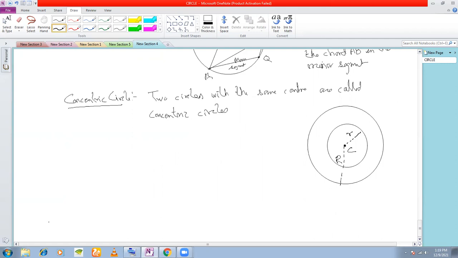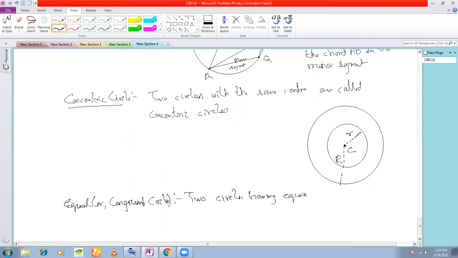Con in English means same. So same center. And next we come to equal or congruent circles. This is very easy. Two circles having the same radii or equal radii are called equal or congruent circles.